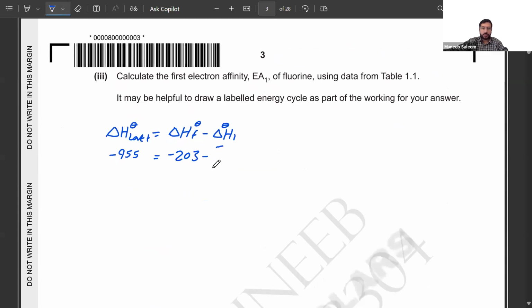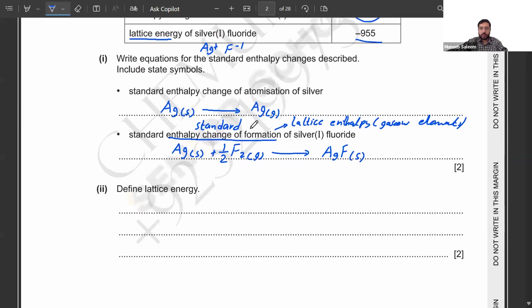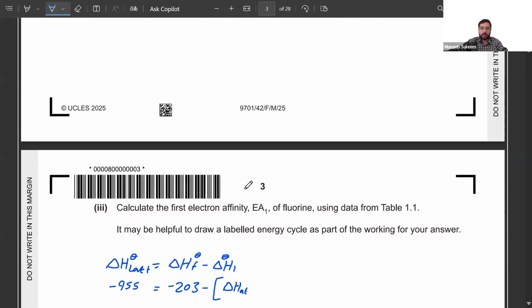Now for delta H1, I'm going to show all the enthalpies here. Delta H1 will include delta H atomization, since the compound is silver fluoride. So the first part should be the metal.